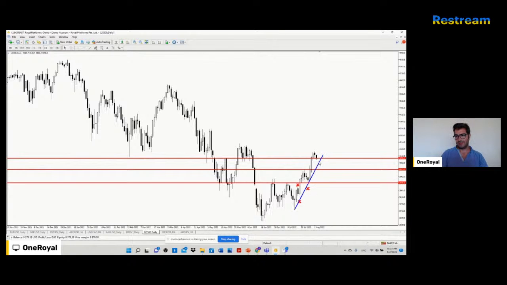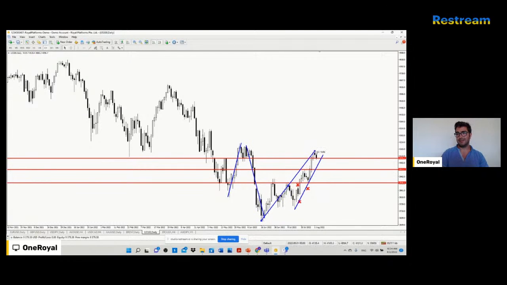Okay, so first lower highs and lower lows, a close below the 4013 and a break of this bullish trend line. This is a sign that you should start to sell, and the market could be ending this big correction. Okay, so we have impulse, correction, another impulse, and a correction here.